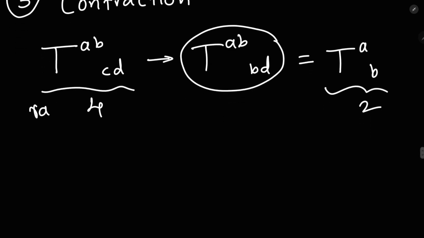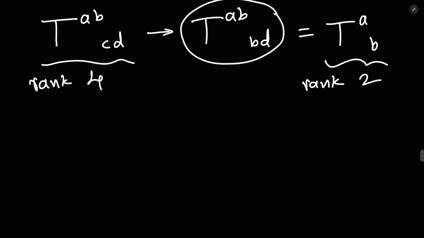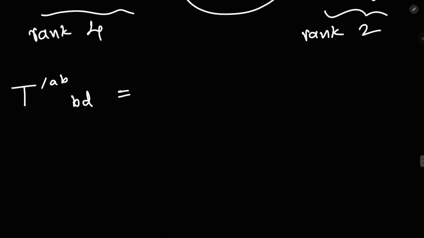So I'll just write it, rank 4 and this is rank 2. To see how this is a rank 2 tensor, we'll take T' AB BD, the contracted indices, and by tensor transformation, like I have shown in the previous video, we used a similar tensor there.